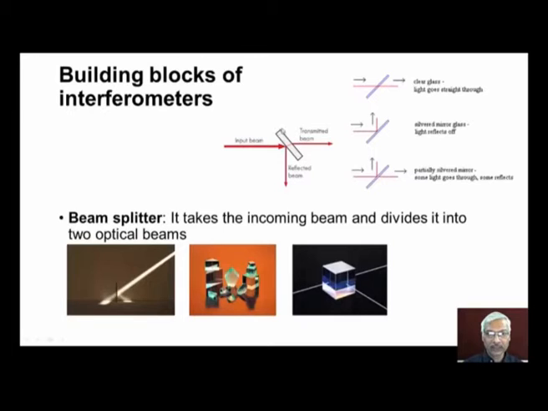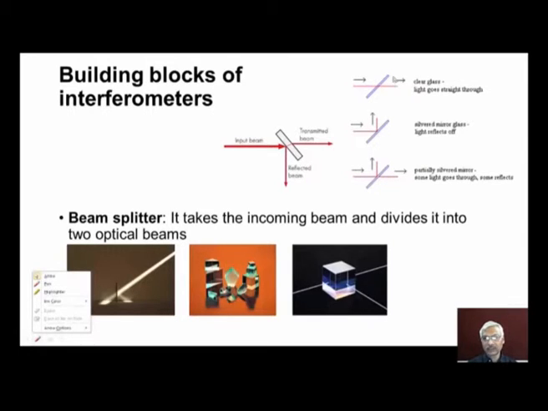You can see here we have a beam splitter, incident beam, and then the incident beam is made to fall on the splitter. Part of the incident light is reflected, and part of the incident light is passed through the beam splitter.